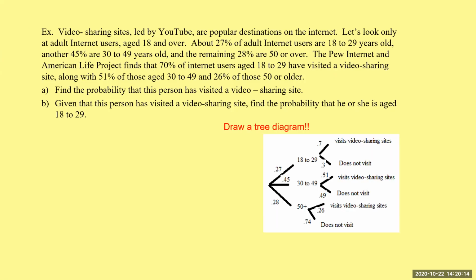So here's what your tree may look like. Notice the first piece of information it tells us is that we have 3 age groups, right? 27% are 18 to 29, 45% are 30 to 49, and 50 plus is 28%.